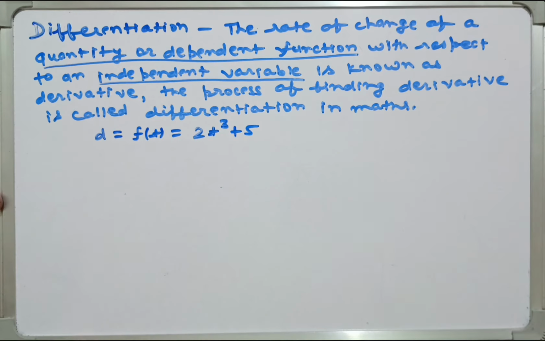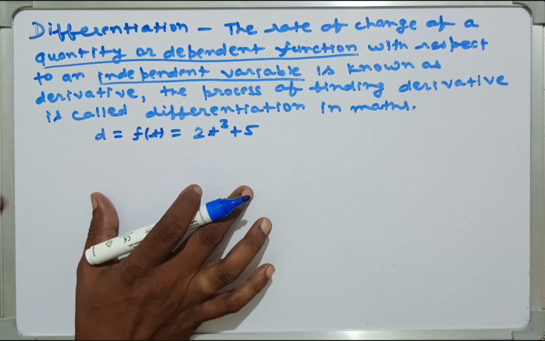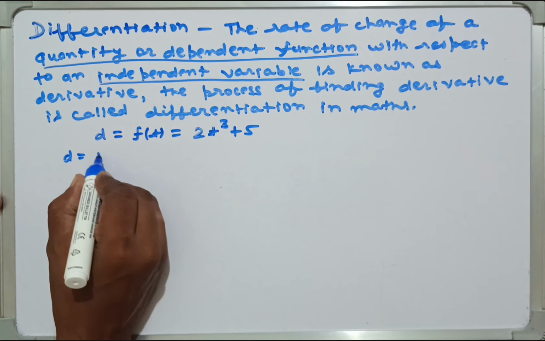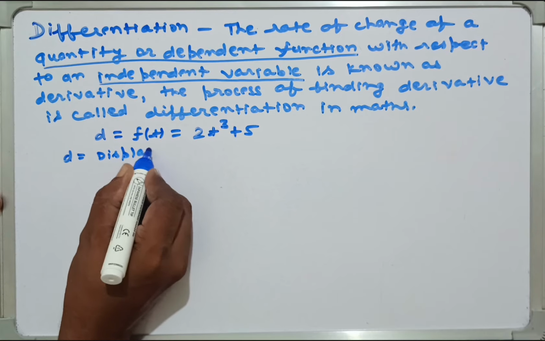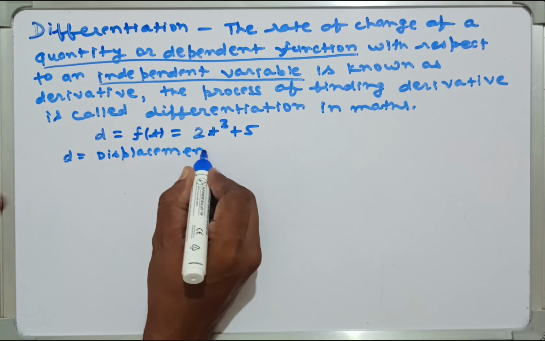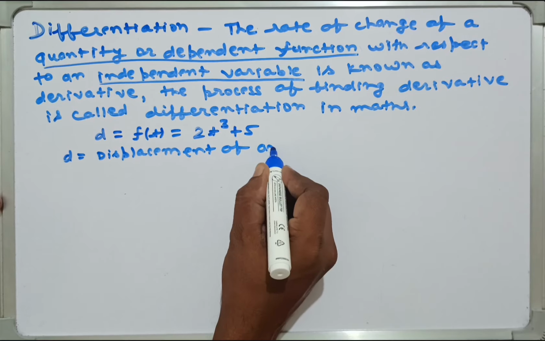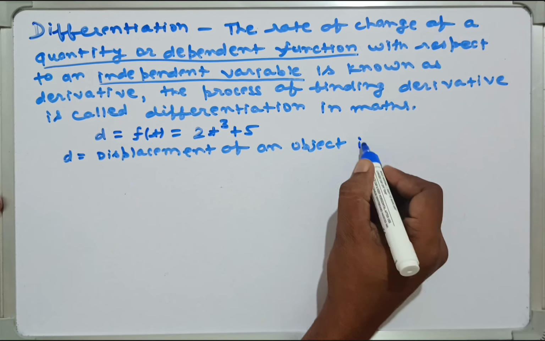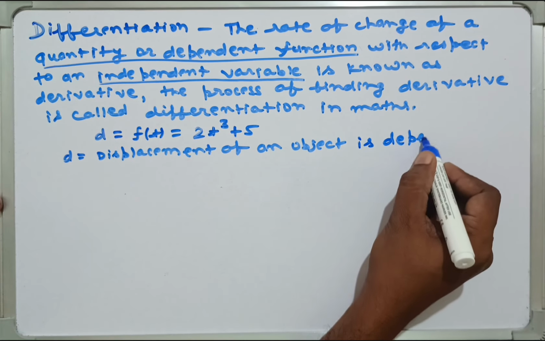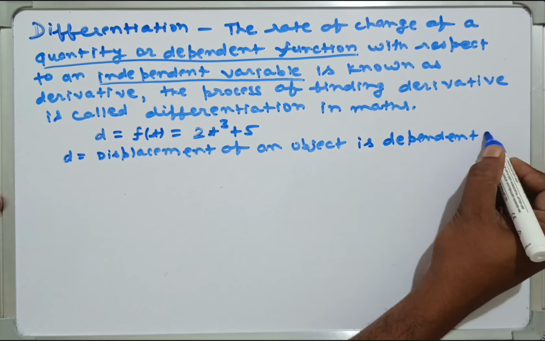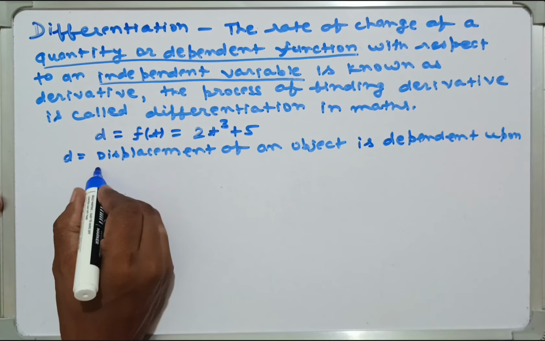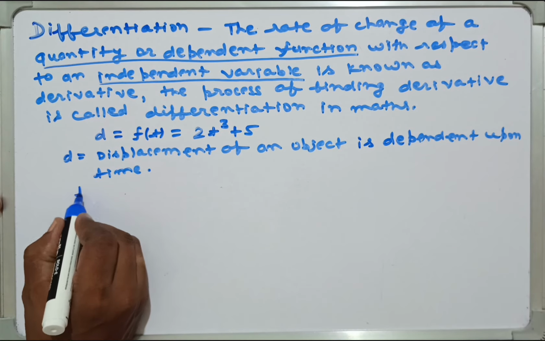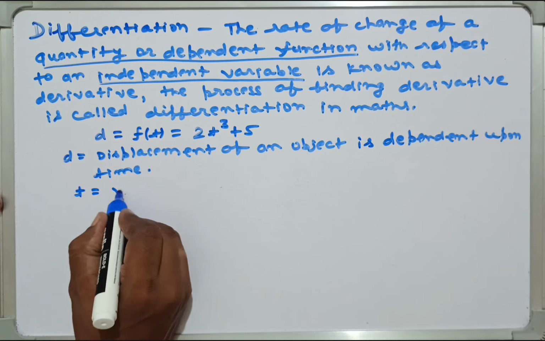Now which one depends on which one? You will say the displacement d of the object depends upon time. The second one, t, is the variable.